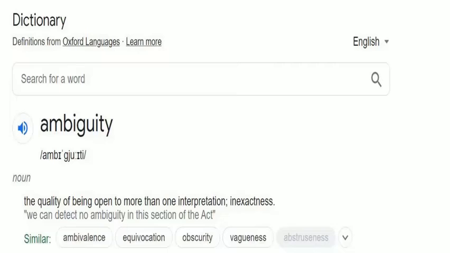So inexactness, the quality of being open to more than one interpretation, which means in a research paper or in a thesis, ambiguity is when someone reads your paper and there are one or more sentences, or paragraphs, which bring different interpretations without clarity, which means we don't know exactly what is this, what is that.